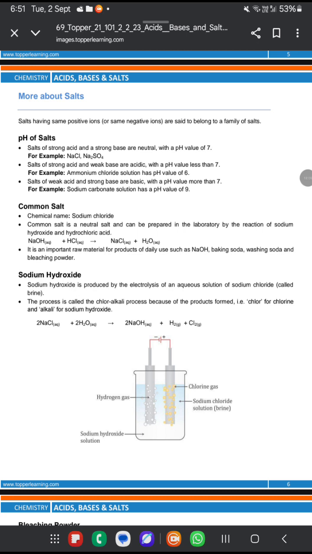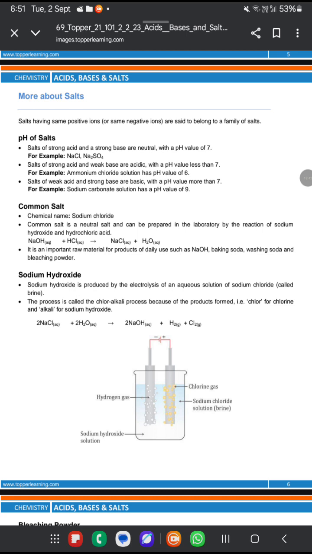NaOH aqueous plus HCl aqueous gives NaCl aqueous plus H2O. It is an important raw material for products of daily use such as NaOH, baking soda, washing soda, and bleaching powder.